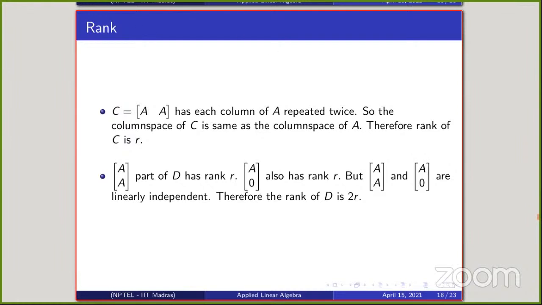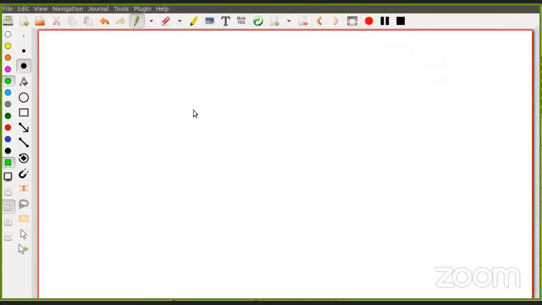Okay, so I'll switch my screen. So the question was about shortcuts to find eigenvalues. Is there any shortcut for finding eigenvalues?